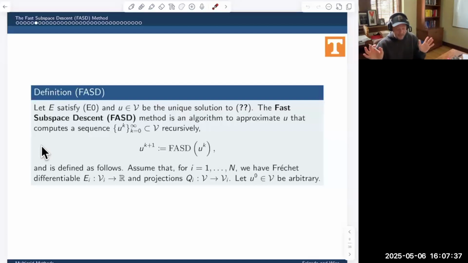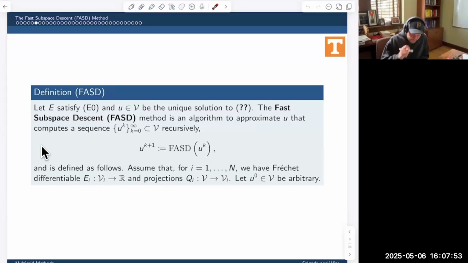And if we can do that, then we can apply any of these algorithms that we've been talking about to solve this. So underlying this problem, we're always thinking that there's some nonlinear PDE that we really want to solve.